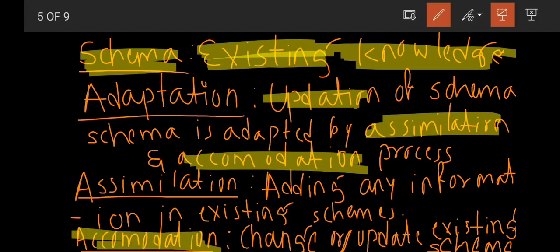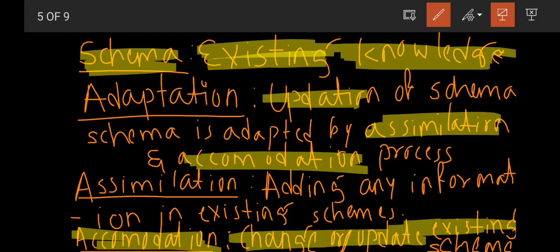And next is accommodation. What is accommodation? Change or update of existing schemas. Accommodation means he has to change or update his existing schema. The child added the new information in assimilation, that the aeroplane is not a bird.